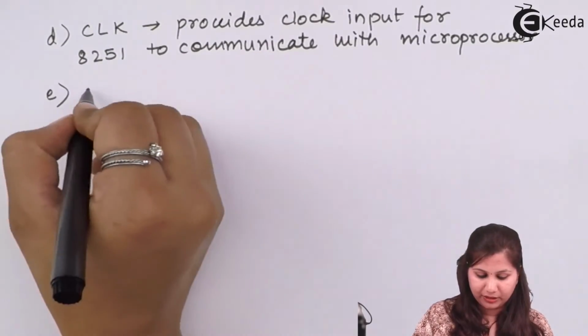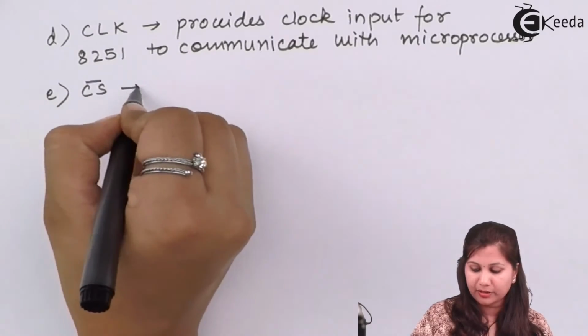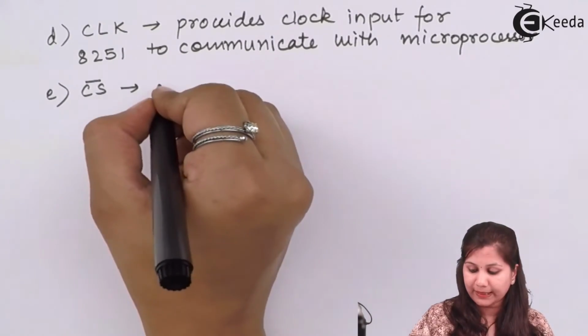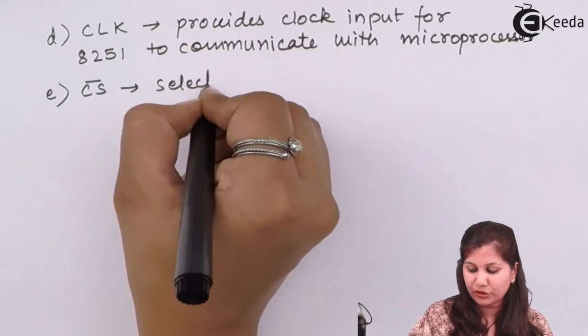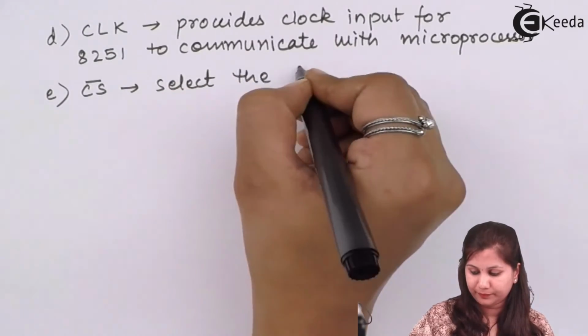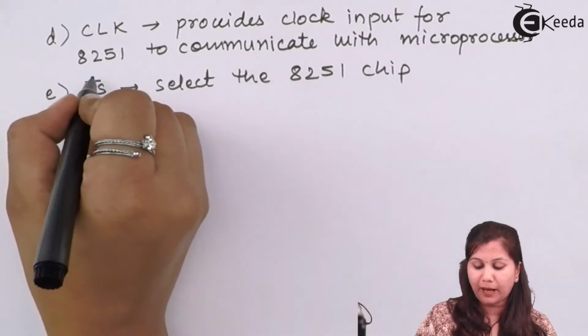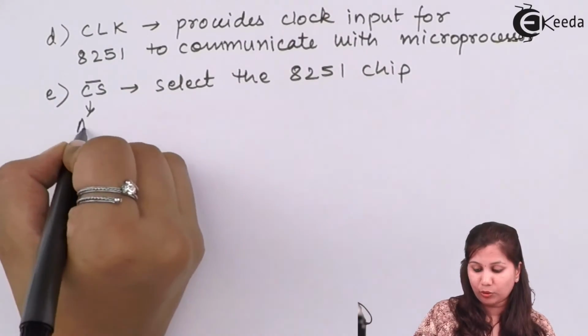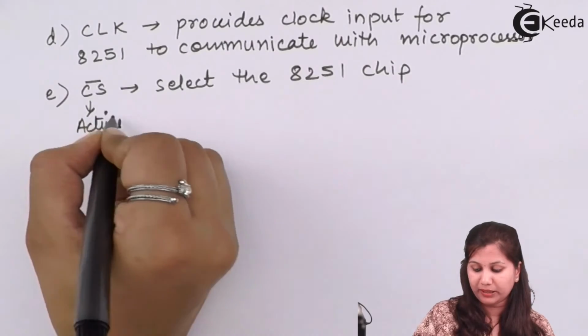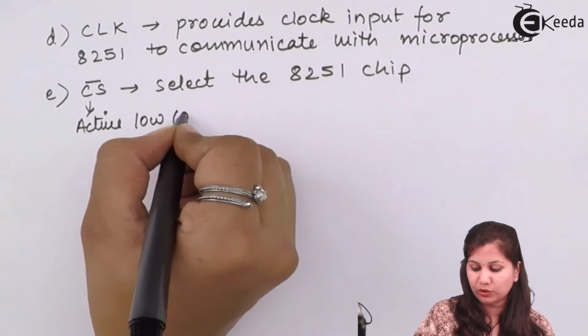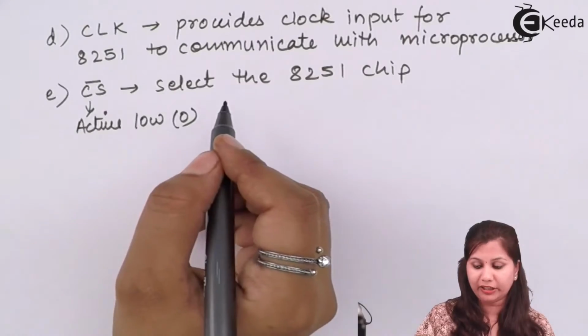Next, we have the CS bar, which is used to select the 8251 chip. As this has a bar over it, it's an active low signal. So active low means when the value is 0, then this signal will be activated.